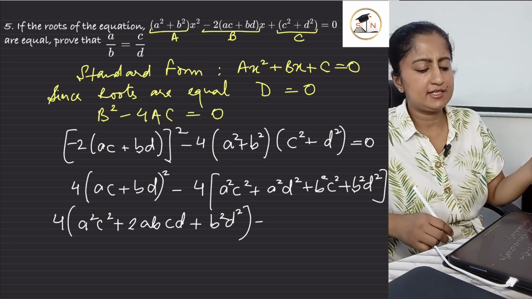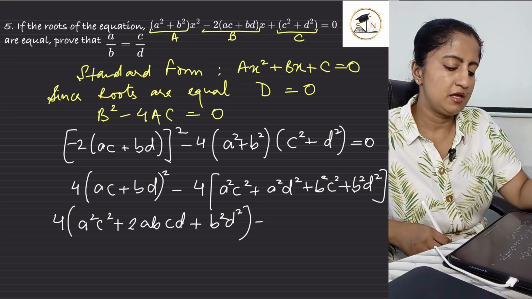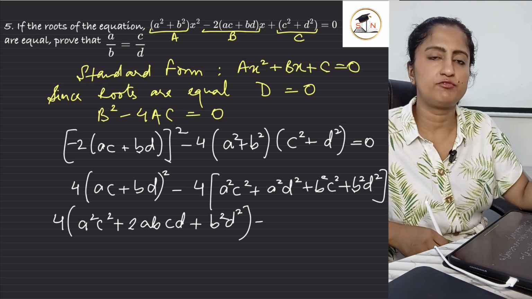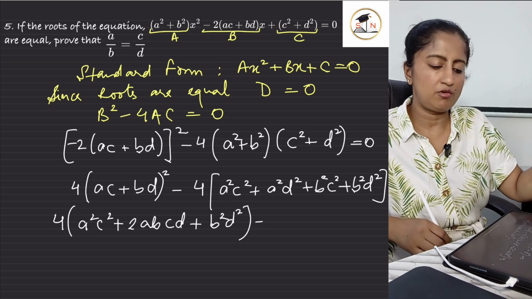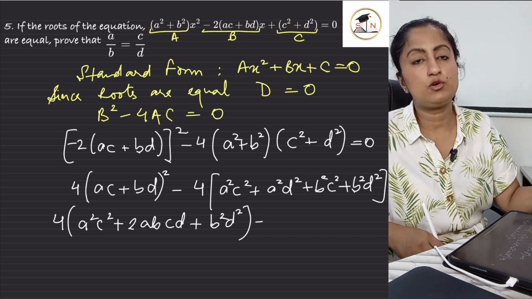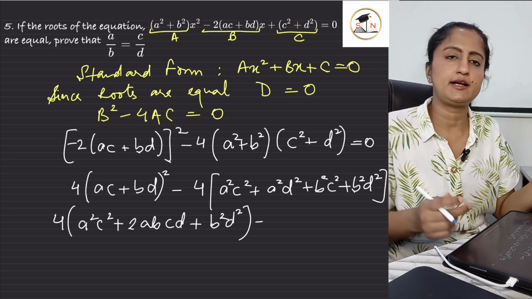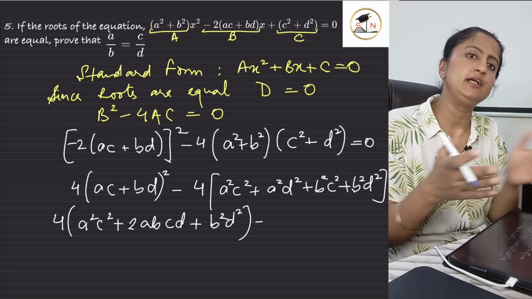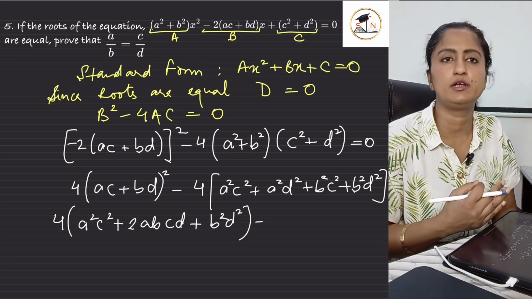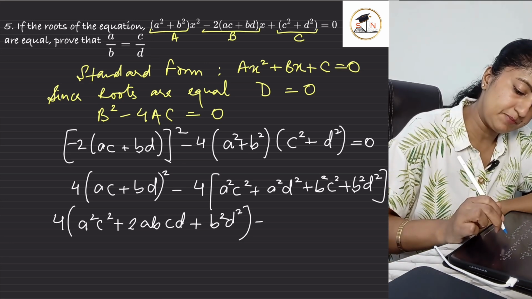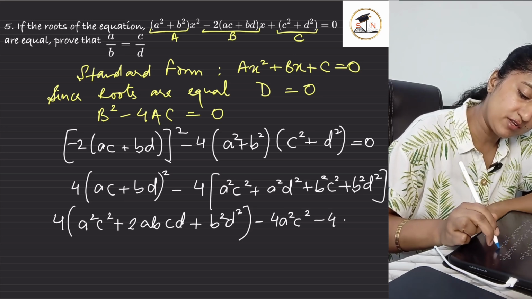See, what I'm doing, it is just your basic algebraic expansions over here that are taking place. The only thing is you need to be careful. We clubbed it initially with some concept from quadratic. After that, what we are doing? We are doing what we learned in class 7th and 8th with respect to algebra. That is multiplication of binomial into binomial and addition and subtraction. There is nothing more in it, right? So expanding minus 4a square c square minus 4a square d square.